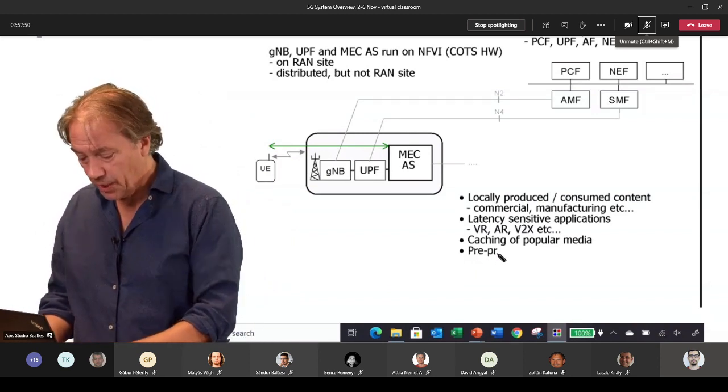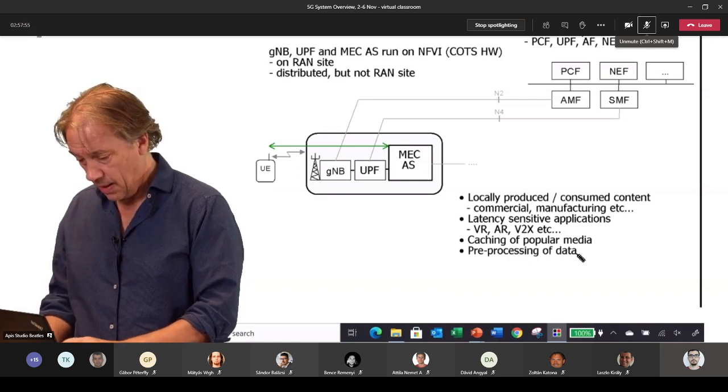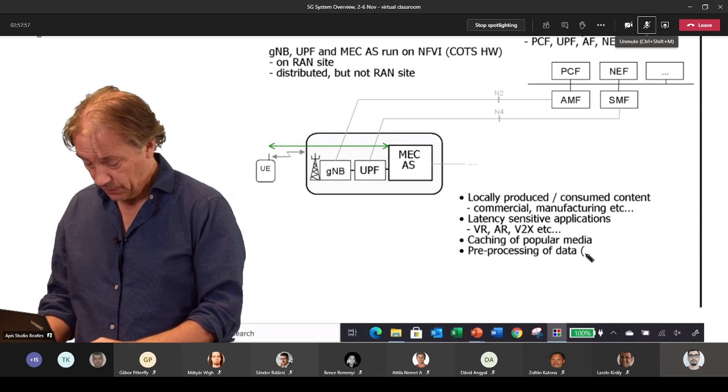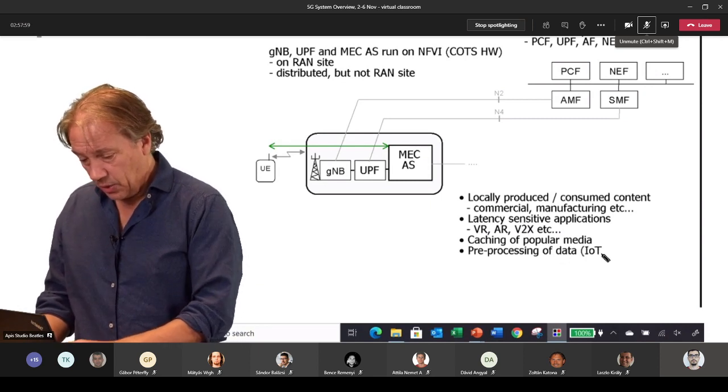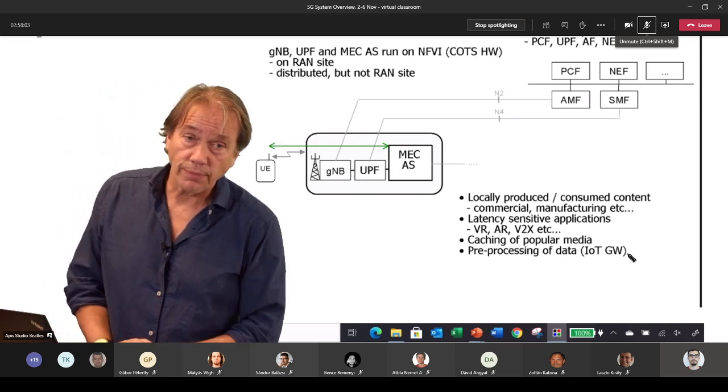So some type of pre-processing of data, and it could be called an IoT gateway, for instance.